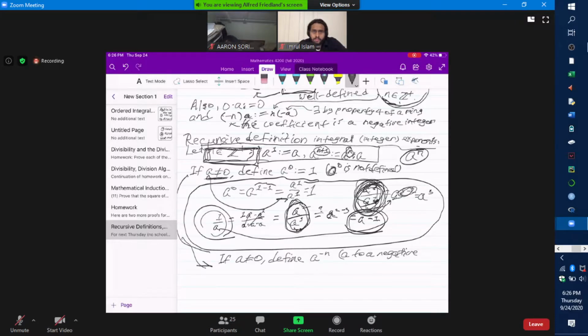What about a to a negative power? Well, again, you can guess what we're going to do. This will be defined to be a to the negative 1 to a positive integer power, which we've defined up here in the box.